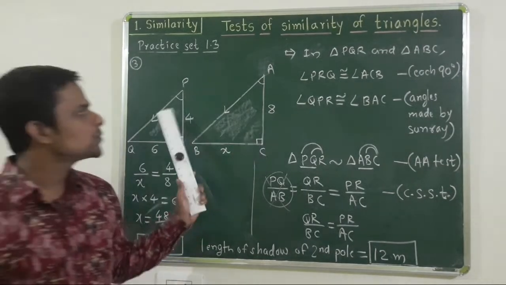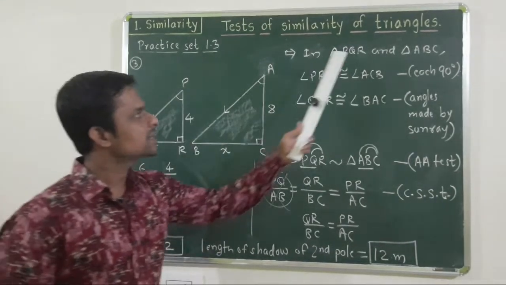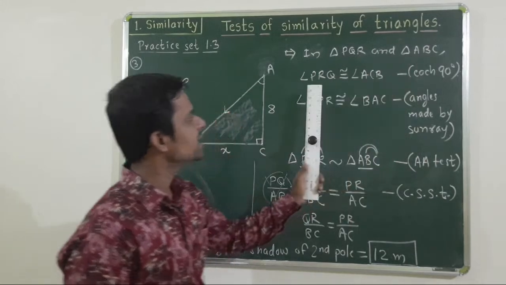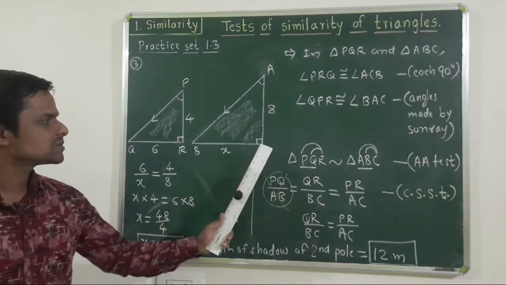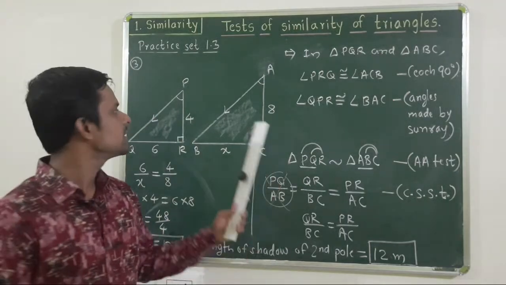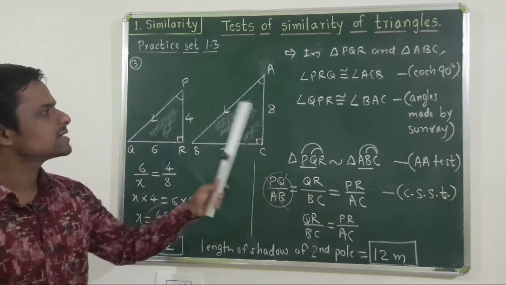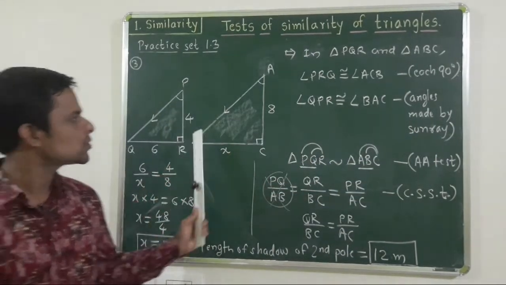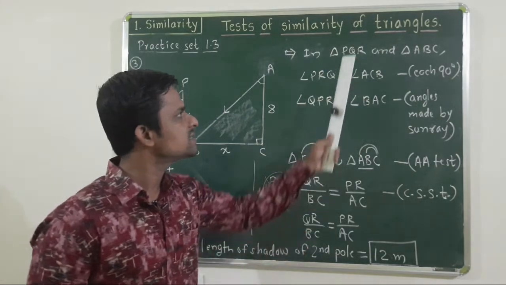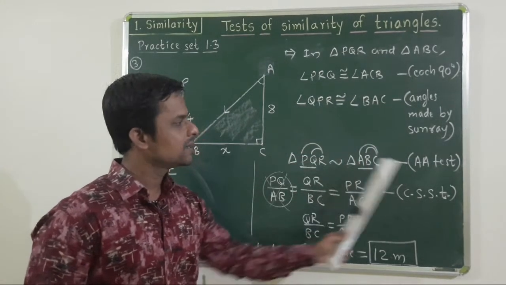For that we have proved these two triangles similar: in triangle PQR and triangle ABC, angle PRQ is congruent to angle ACB, reason each is 90 degrees, these two being perpendicular to the ground, and we have found these two angles made by sun ray, that is angle QPR is congruent to angle BAC. Hence these two triangles are similar by AA test.